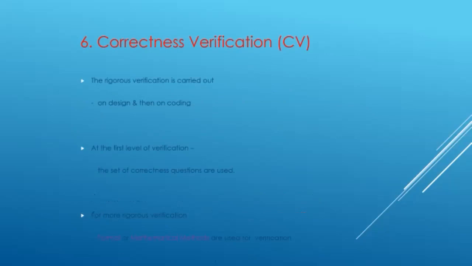6. Correctness verification. In that, rigorous verification is carried out on design and then on coding. At the first level of verification, a set of correctness questions is used. For more rigorous verification, formal or mathematical methods are used.